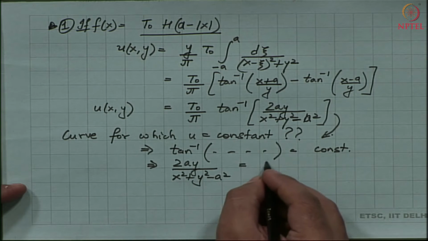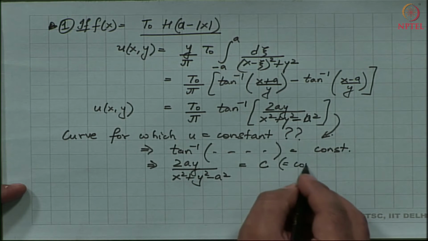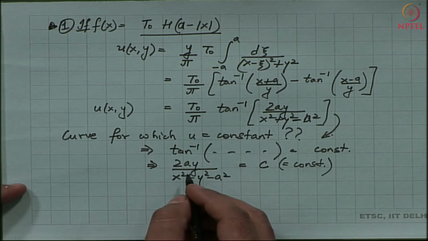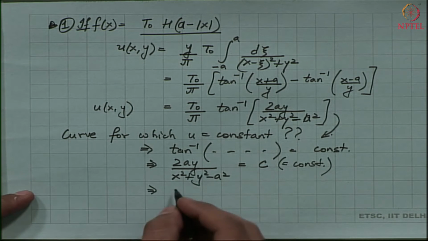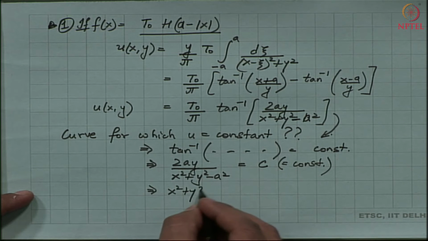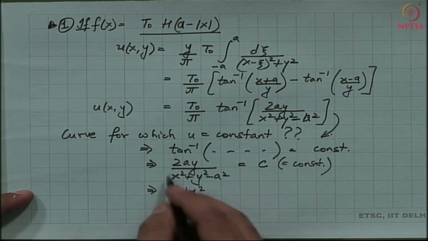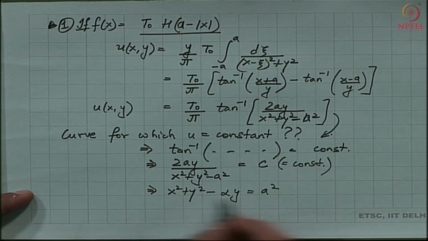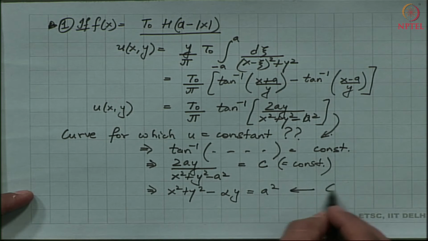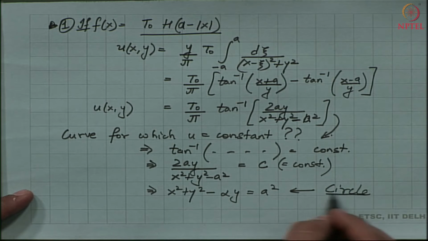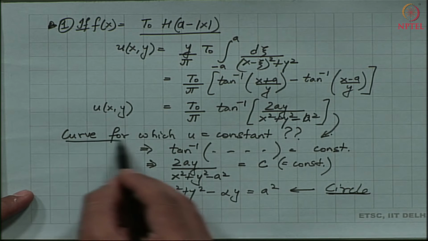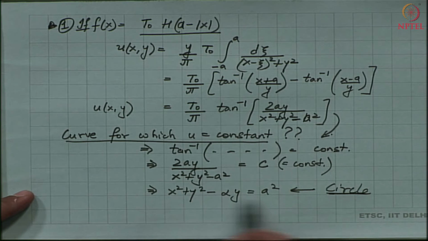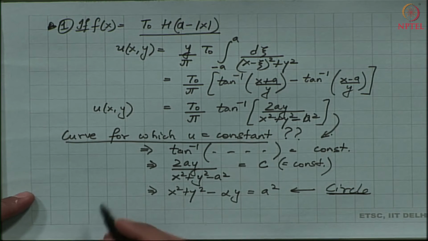Let us say this constant is c. So, this is equal to a constant, right. So, what I get is that this is also equal to x square plus y square. Let us simplify, and this will become, let us say, alpha times y equal to a square, right. We can check after completing the squares that this is a circle, right. So, the curves for which u is constant are circles. These are the level curves for the problem.